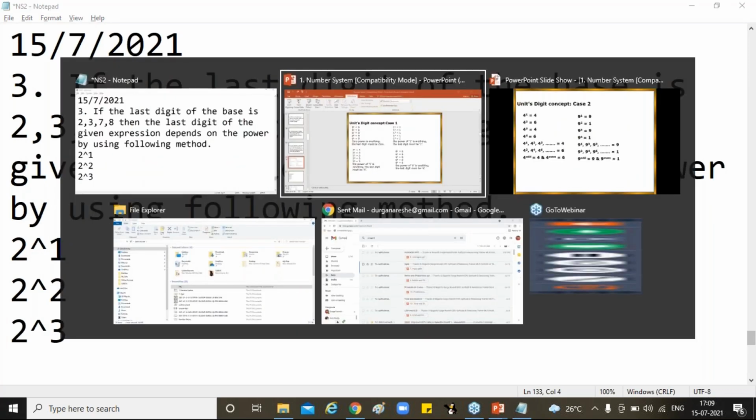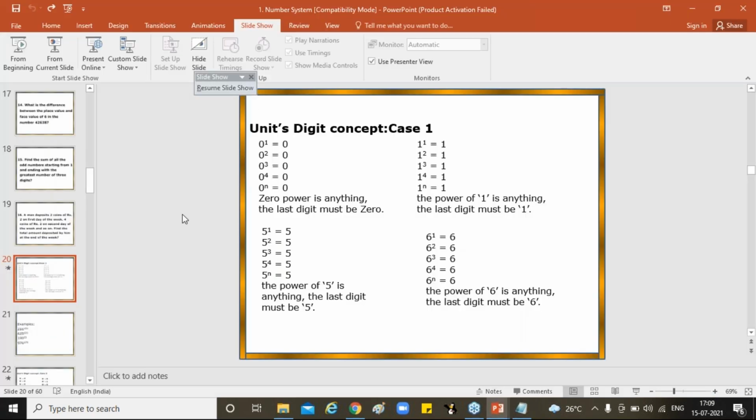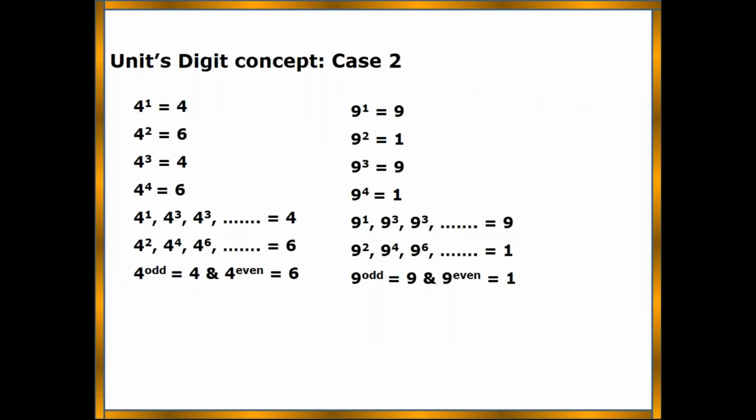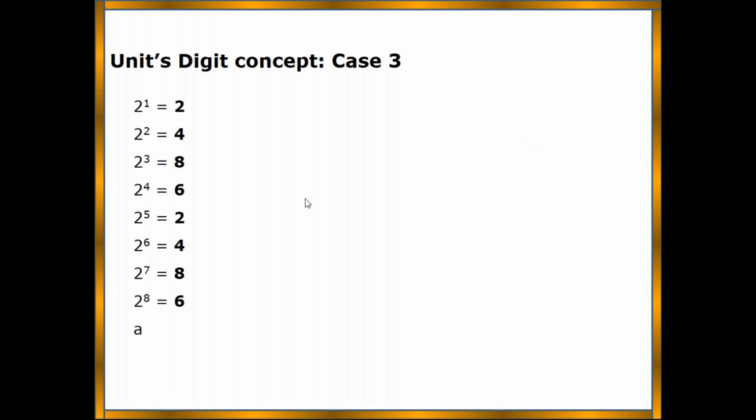So 2 power 1 is 2, 2 power 2 is 4, 2 power 3 is 8, 2 power 4 is 16, ending with 6. 2 power 5 is 32.